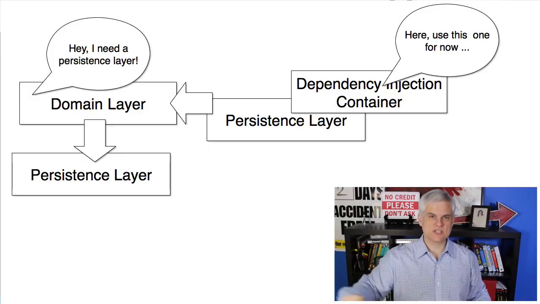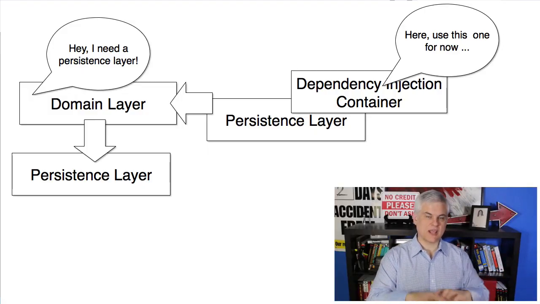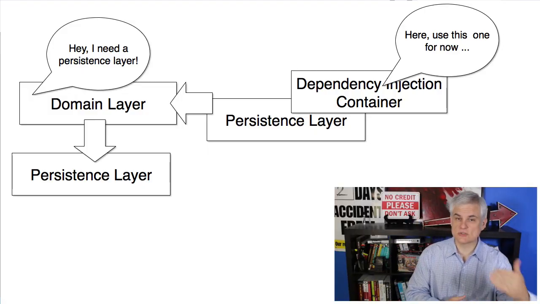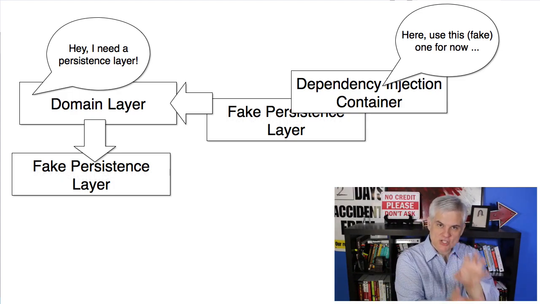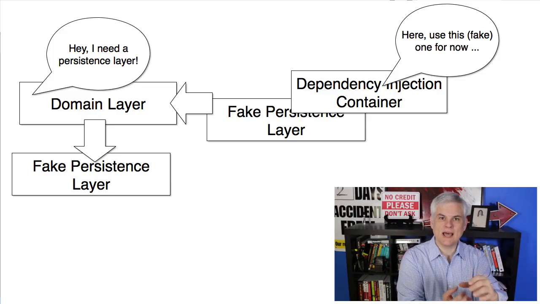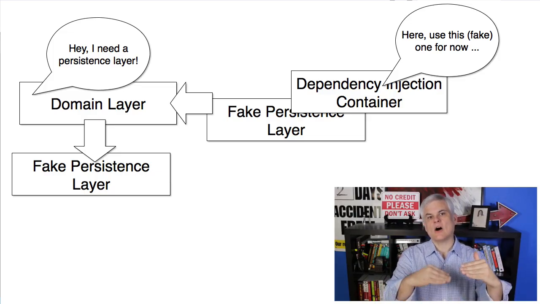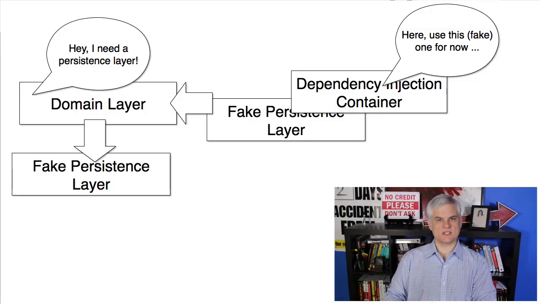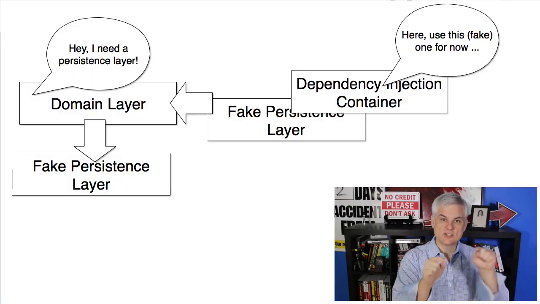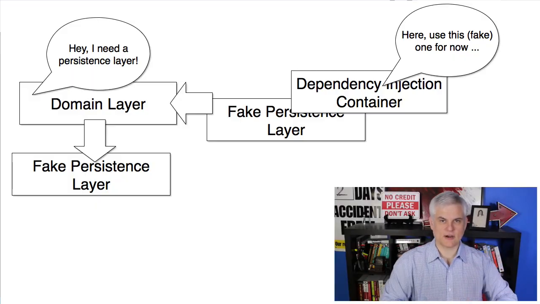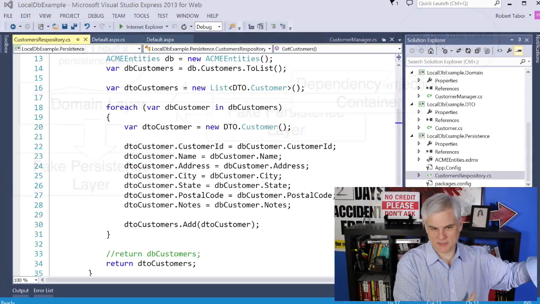Call this persistence layer versus that persistence layer, so we have multiple implementations. That also is going to help us to build unit testing so that we can isolate just the domain layer code and not have it tied always to one persistence layer. We can give it a fake or mocked up persistence layer just so we can test that domain layer. Again, a big topic. We'll talk about that later.